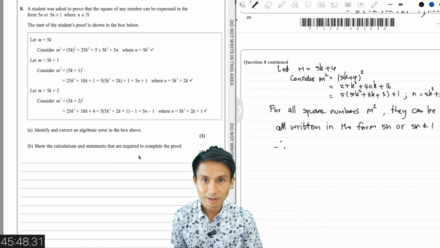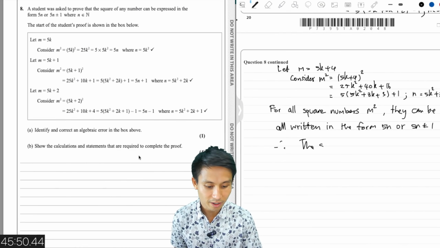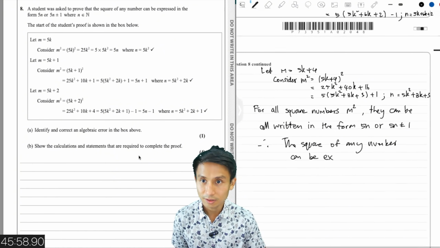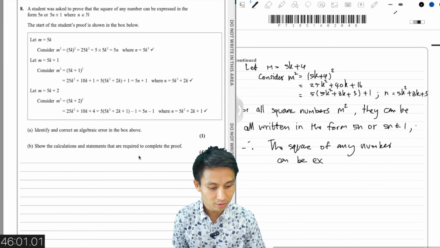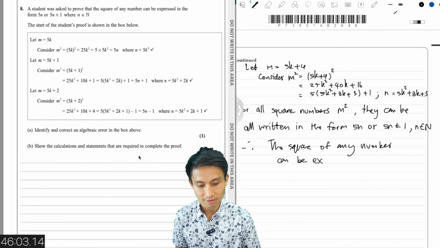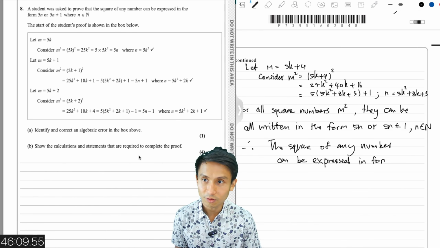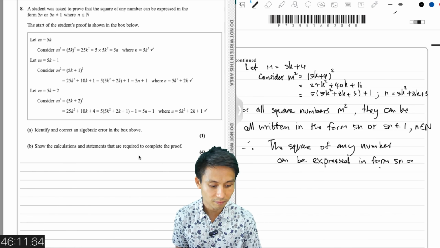So the square of any number can be expressed, oh, hang on, I should also write where n is a natural number here. Yes, can be expressed in the form 5n or 5n plus or minus 1, where n is that.